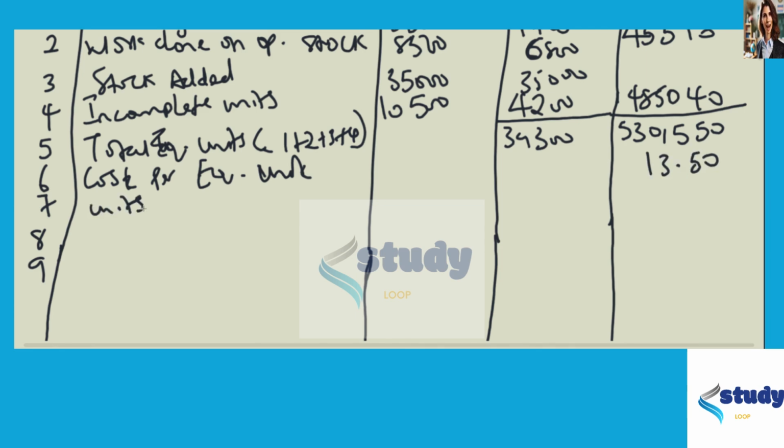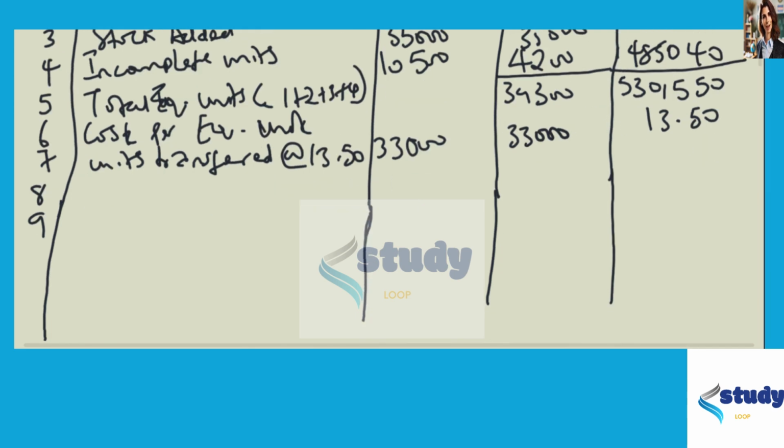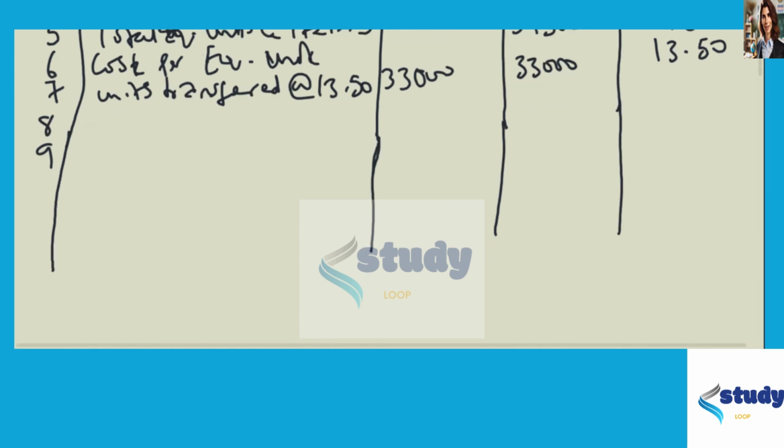Then the units transferred at 13.50 cost per equivalent unit would be 33,000 for that, and the cost is 445,500.